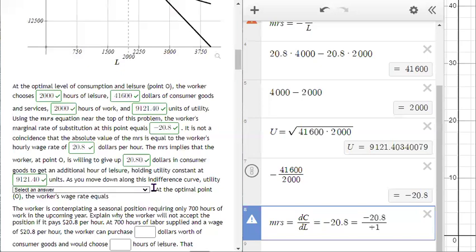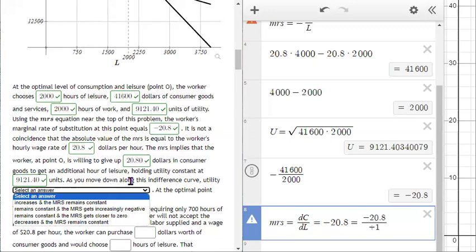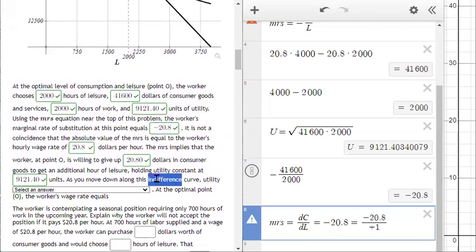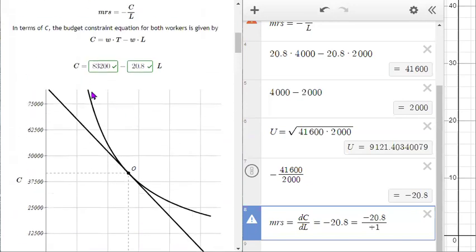As you move down along the indifference curve, utility does what? Utility is remaining constant, right? That's why we call it an indifference curve. We're indifferent between this bundle of leisure and consumption, where consumption is quite high and leisure is quite small, and that point. Both points give us the same utility. Here we have low consumption and high leisure.